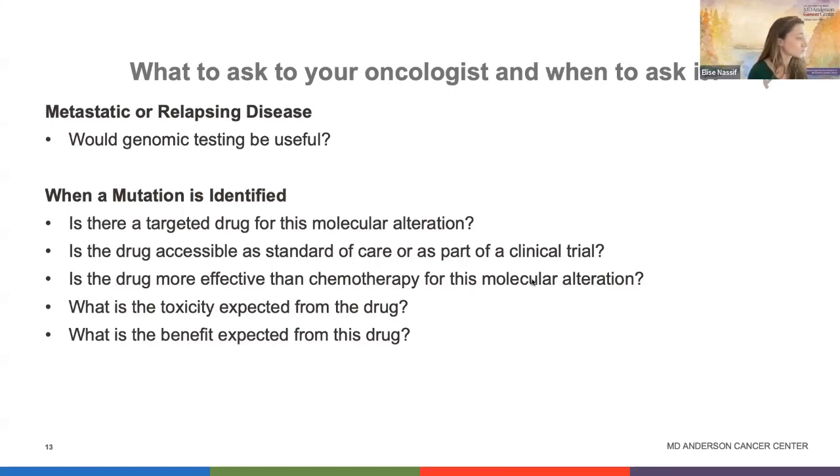A lot of those drugs have a very big rationale, but if you're in a clinical trial, you may not have enough experience to say that it's going to be more effective than chemotherapy. And maybe that gene that we identified is one of those orange ones, one of those passenger ones that is not so critical for the cell and might not be more effective than chemotherapy.